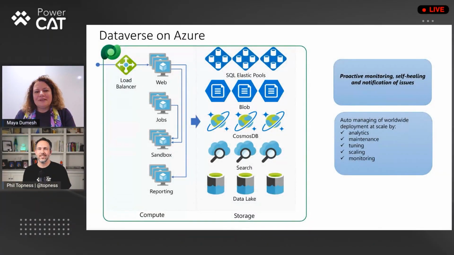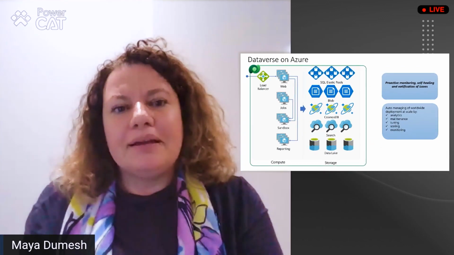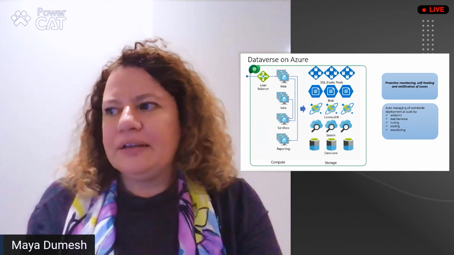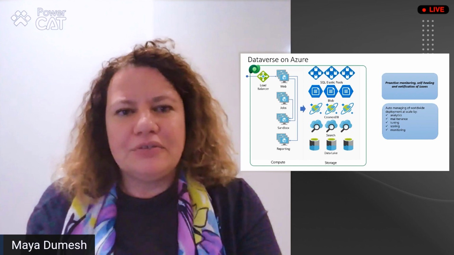We have several different services associated with making sure that maintenance and scaling happens on all of our servers at the same time. So we do analytics to help our customers get the most of the data stores. We make sure that the maintenance is done to all the associated indexes. There's no fragmentation of the indexes.